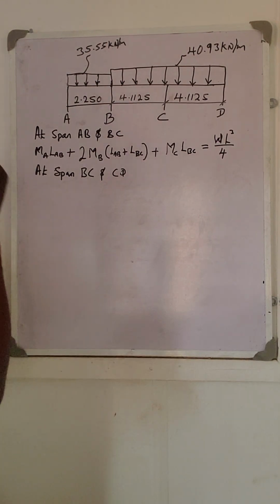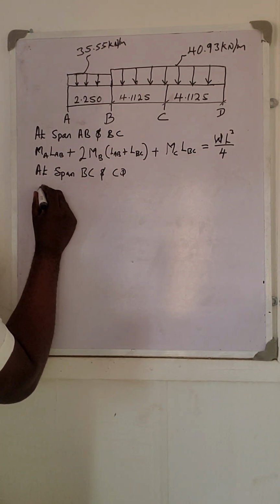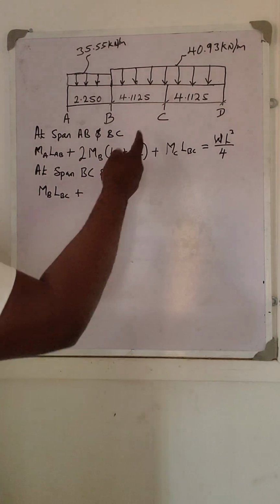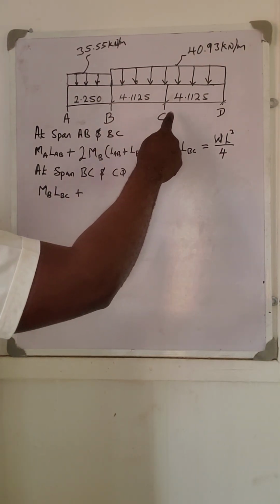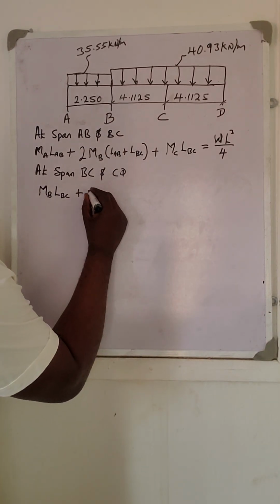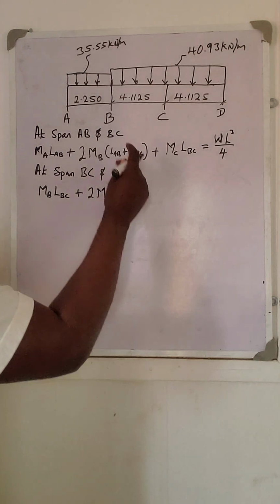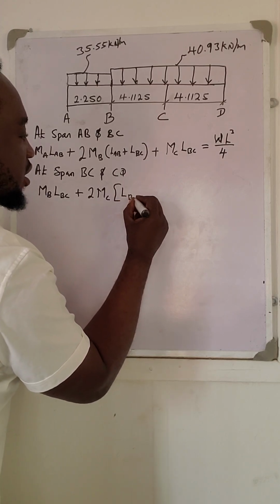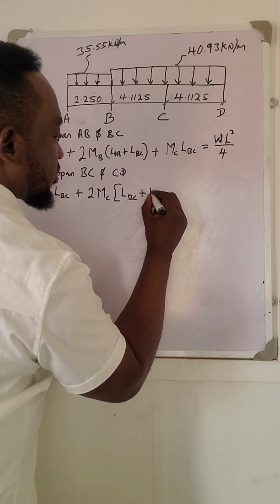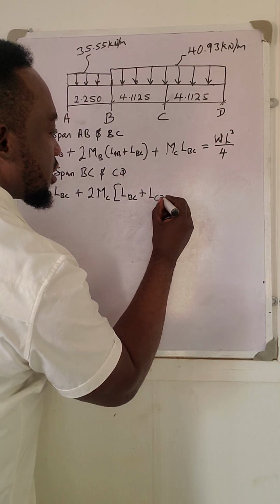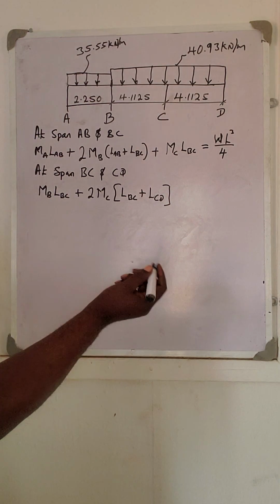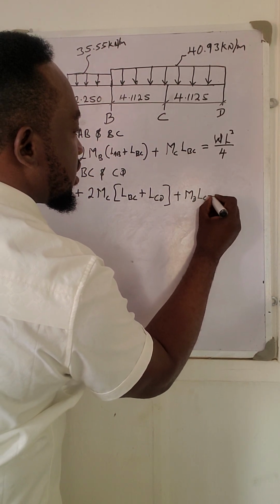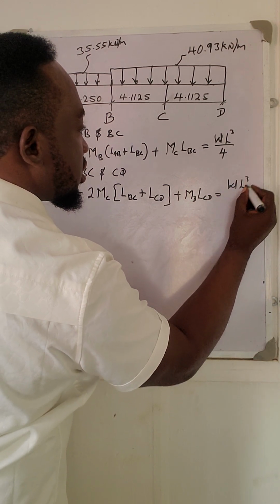The formula will now be MB multiplied by LBC, plus 2MC into LBC plus LCD, then plus MD multiplied by LCD, equals WL cube over 4.